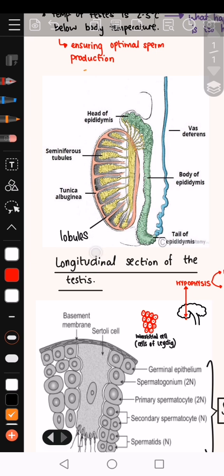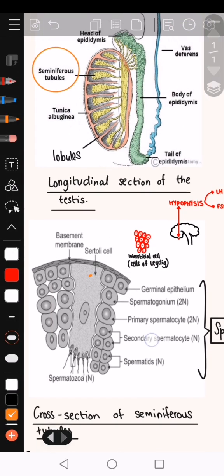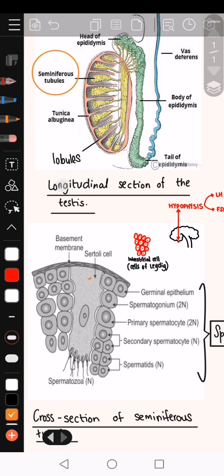Let's just quickly look at the longitudinal section of the testes. The longitudinal section here shows the internal structure of the testes. The only thing I want to make a note of here is the seminiferous tubules, because we're going to look at their structure, as they play a part in spermatogenesis.